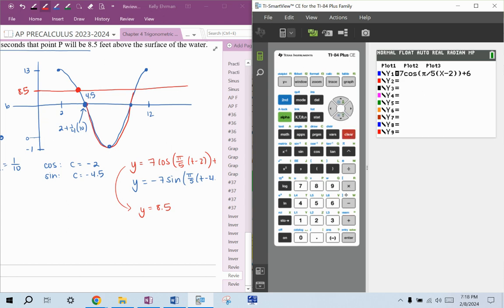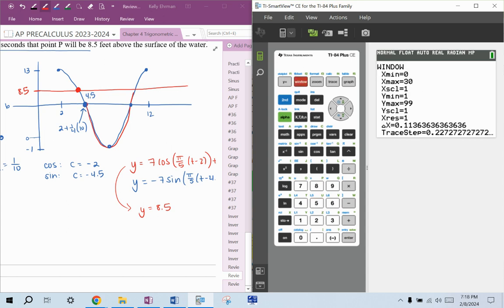And then this number is going to be 8.5. Change the window so that the x's go from 0 to 12. And the y's should go negative 1 to 13.